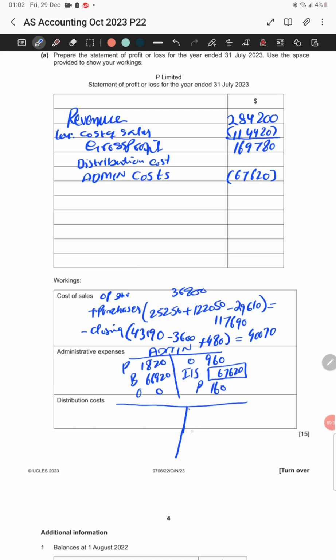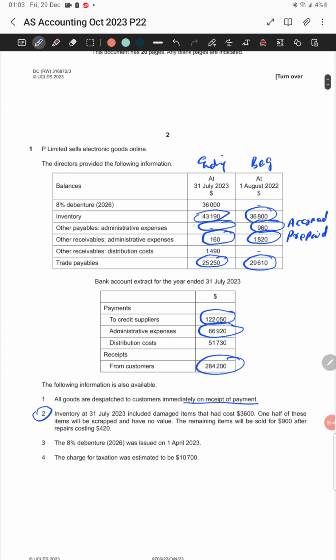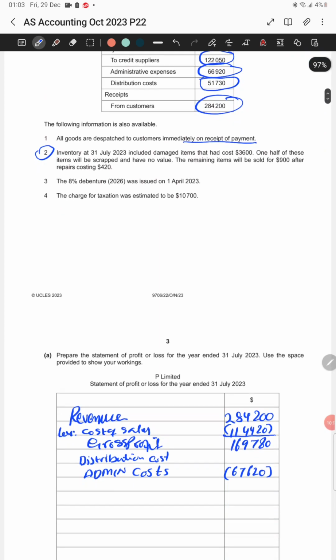In examination, you cannot write outside this boundary. For distribution cost, we have to use these expenses: other receivables prepaid and distribution cost paid, 51730.